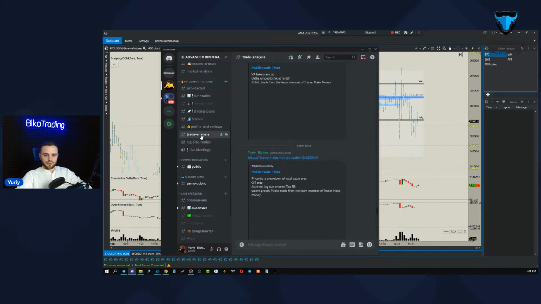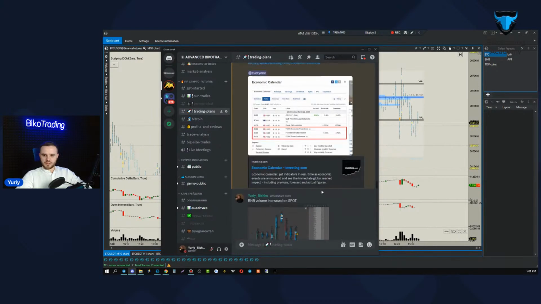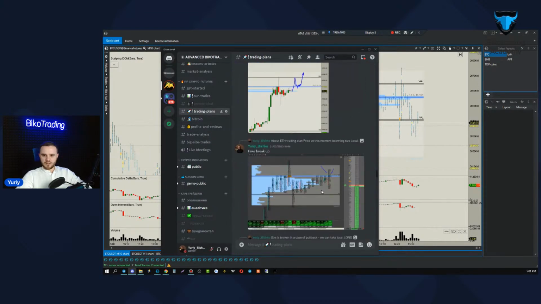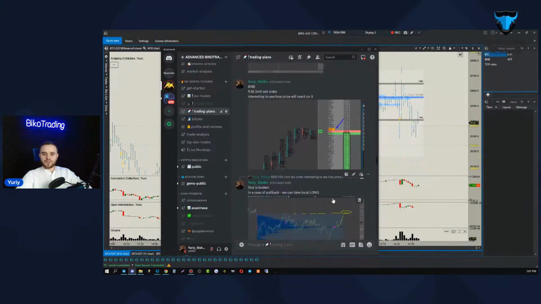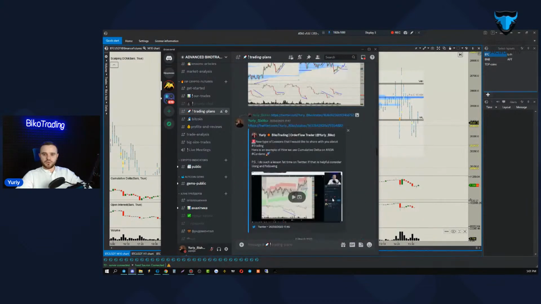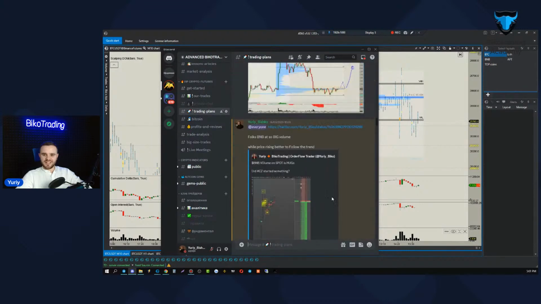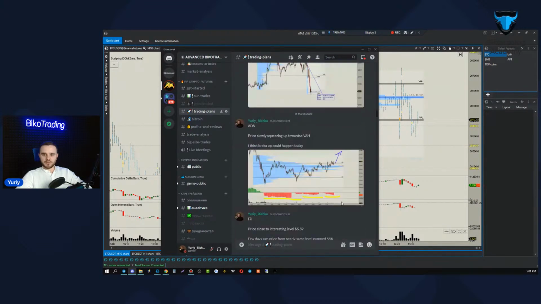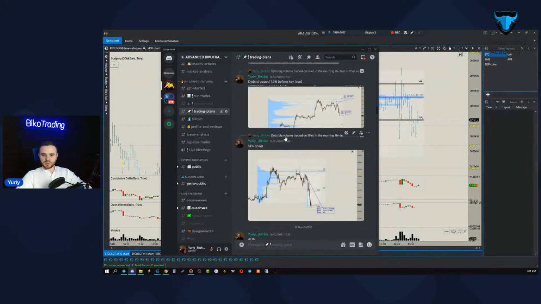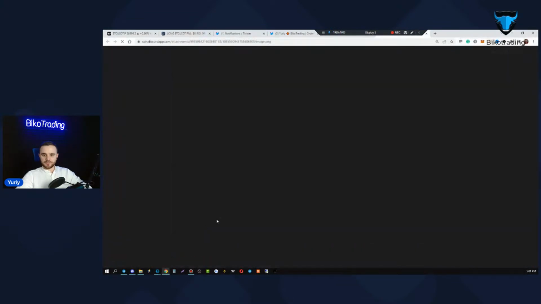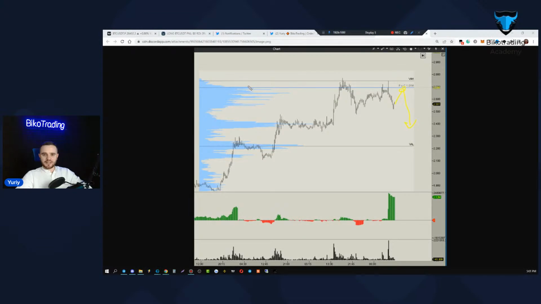Let me show you an example. This one. When you open some coin and you see that because of a few trades, significant volume was built. Let me show you an example like this one, Didex. You open Didex, and here it is.